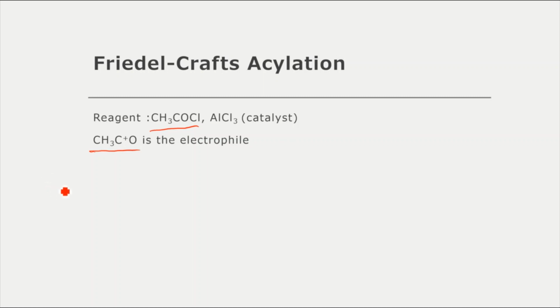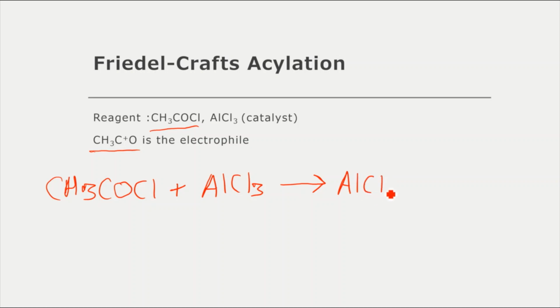What I would do is react the reagents together: CH3COCl and the catalyst AlCl3. What this forms is AlCl4-.